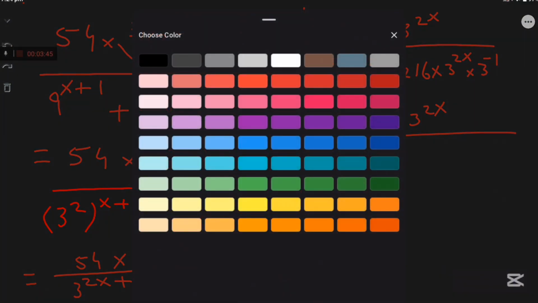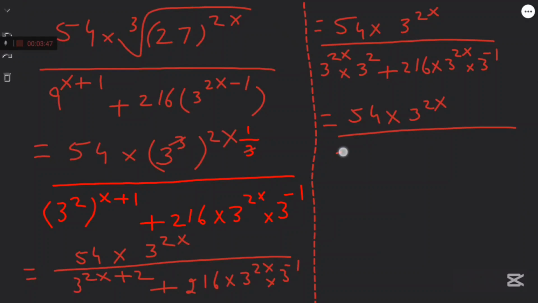Okay, so further I can write 3 power 2x, then bracket 3 power 2 plus 216 times 3 power minus 1.